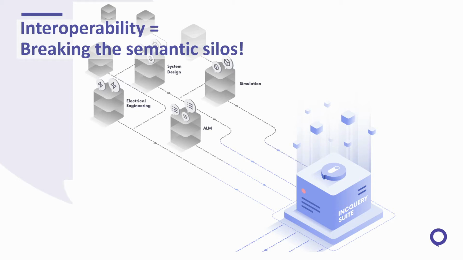To achieve interoperability, you want to break those semantic silos which keep your data, and you want your data sources and systems to be able to understand each other. In order to do that, you need a piece of software taking care of this integration and allowing you to customize the interactions between the different silos.